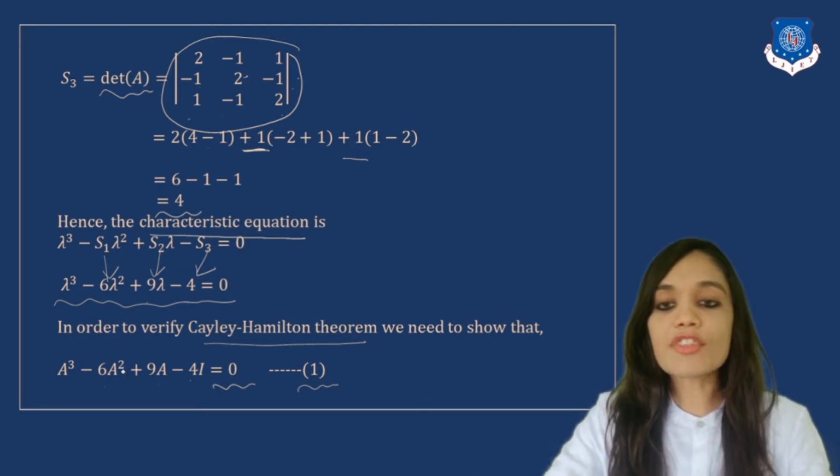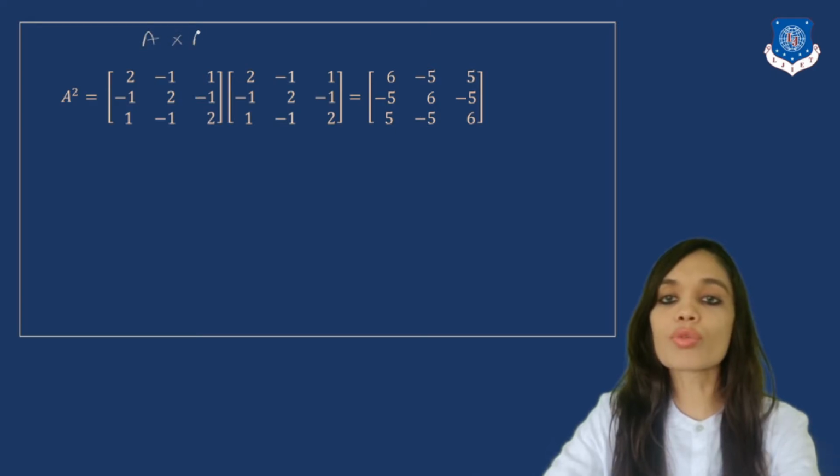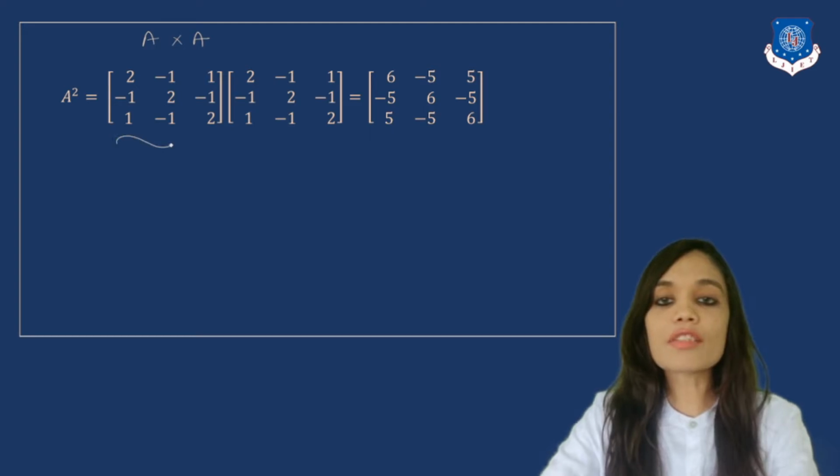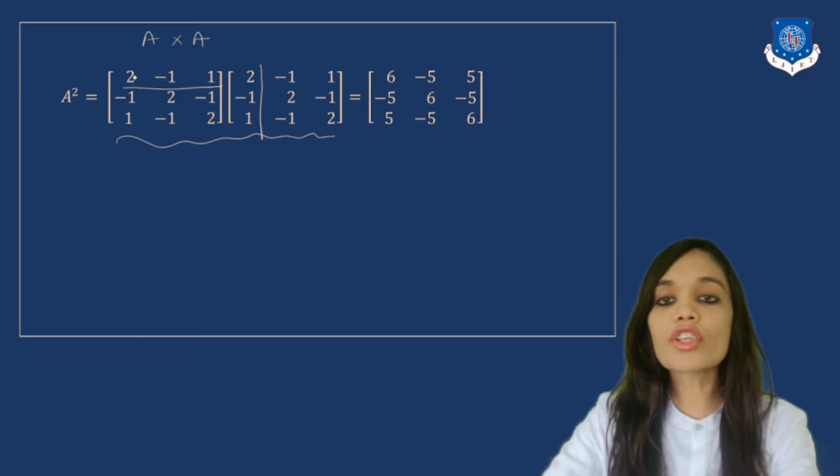Now let us first find the value of A square. So A square is equal to what? A into A. So write the matrix A 2 times. Now let us multiply these two matrices, right? Consider the first row of this matrix and the first column of this matrix. So now what you will get? 2 into 2, 4.